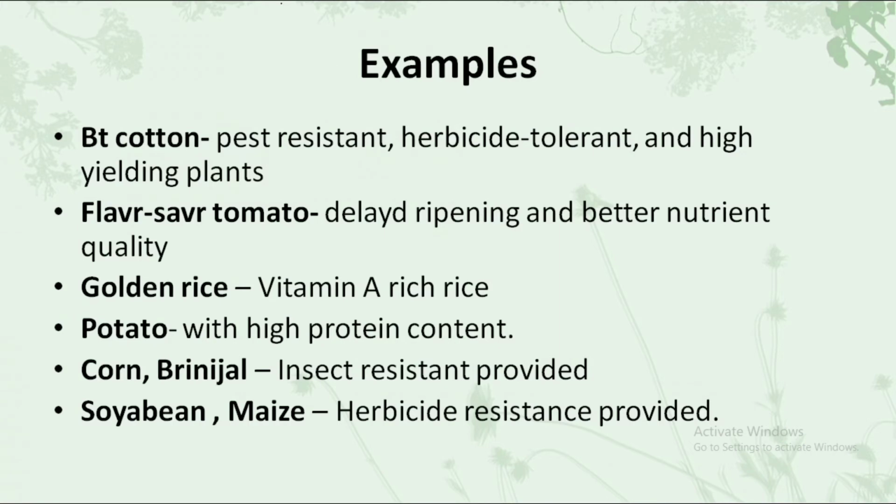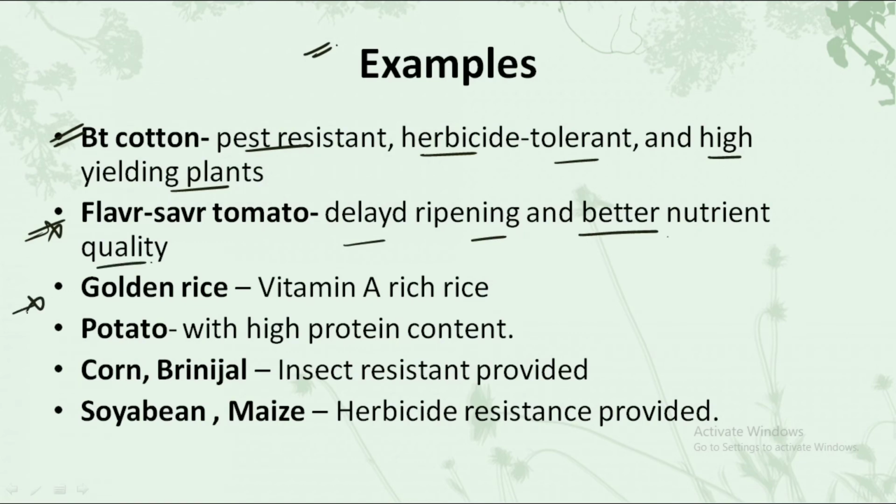So talking about the examples of transgenic plants, famously we have these available. The first one is the BT cotton, which has the properties of pest resistance, herbicide tolerance and high yield. Talking about the Flavr Savr tomato, the main properties seen are delayed ripening and better nutrient quality.